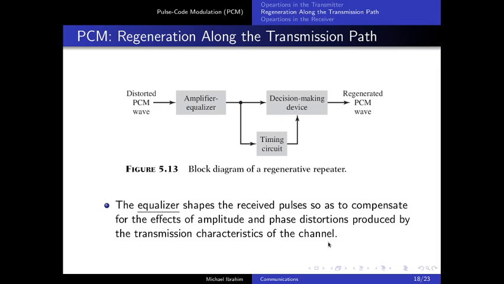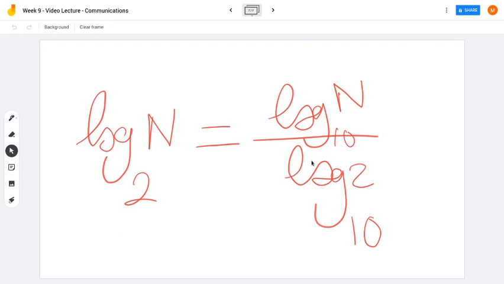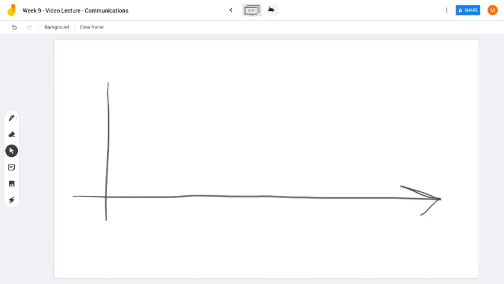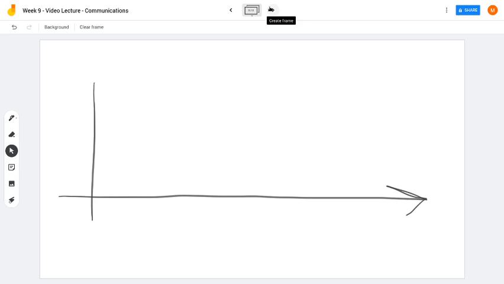This simply means that if you go to our whiteboard over here, going through the channel, the PCM pulses will be kind of distorted. The frequency response of any channel is never flat. It's usually something like this. It's not flat.